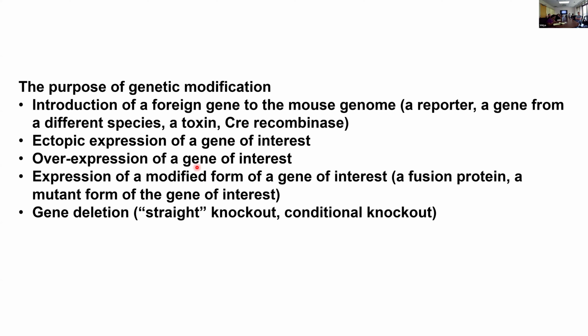Or you can overexpress the gene, pushing the level up by giving it a very strong promoter driving its expression, rather than using its endogenous promoter. Another way, for your gene of interest, is to express it as a fusion protein. You can put a tag, such as a GFP tag, or a tag like the FLAG tag, so that people can generate a mouse and later use it for immunoprecipitation for biochemistry.